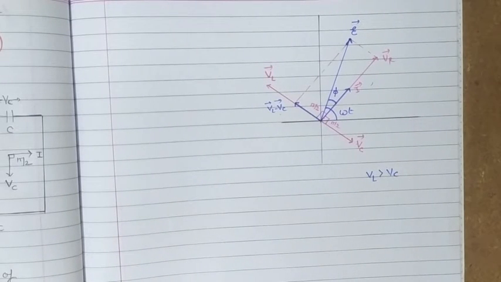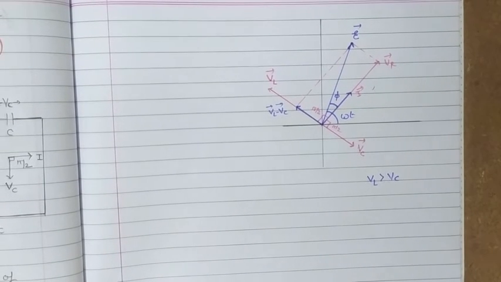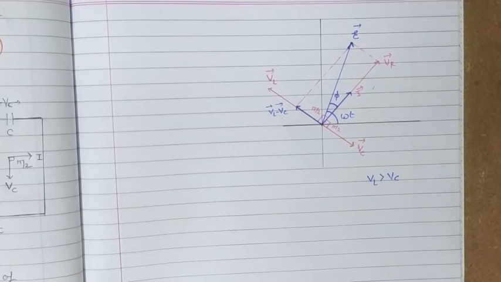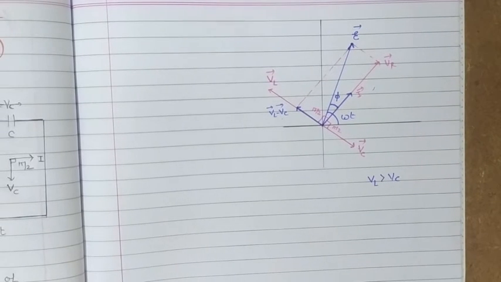The resultant makes angle omega t because it is epsilon naught sine omega t from the axis, and phi, we are assuming, is the angle it makes with the phasor of current. So now we have to find the magnitude of epsilon and its direction, that is phi.